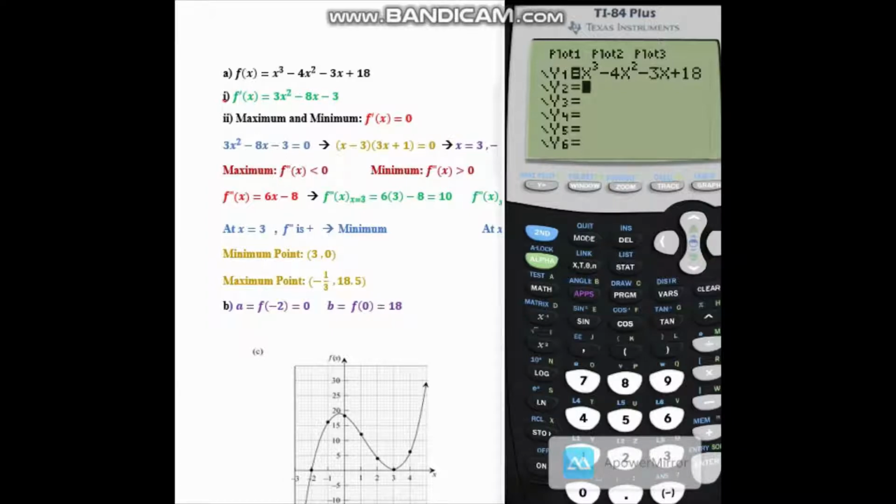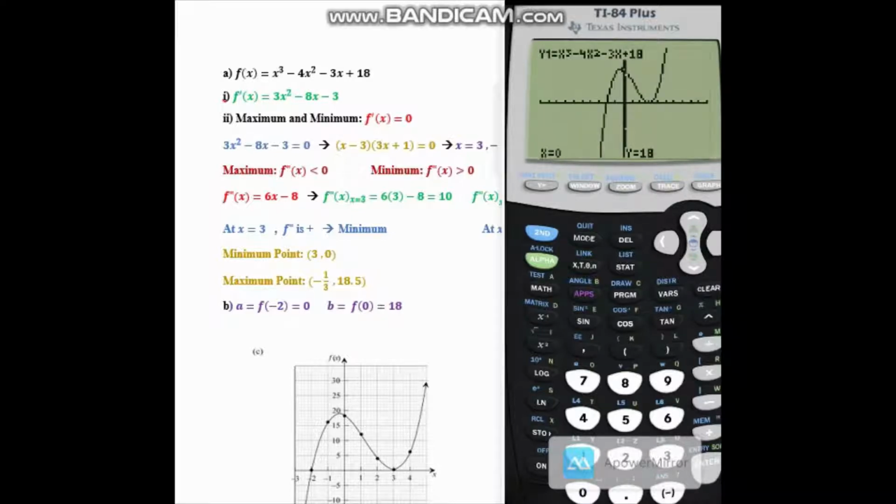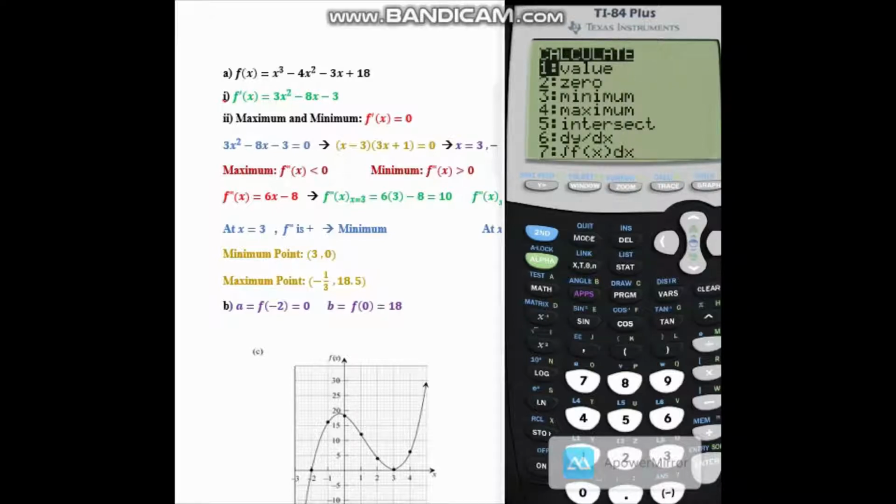So there is my equation of the curve corresponding to the original function in black on top of the page. There is my window in case you want it for reference. There is the graph of the function. Now to find the maximum point, I simply press second, trace, maximum.